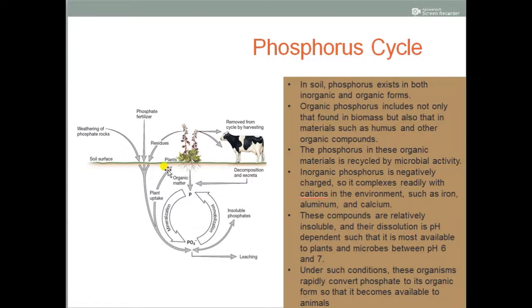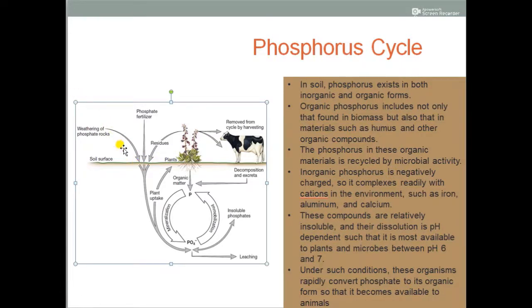Let's just remember: the first process is obtaining phosphate by the weathering of rocks, from fertilizers, as well as by the decaying of organic matter, and it comes to the soil in insoluble form. Sometimes you would also have organic matter which has to be mineralized to form inorganic phosphate, and lots of inorganic phosphate is lost by leaching.